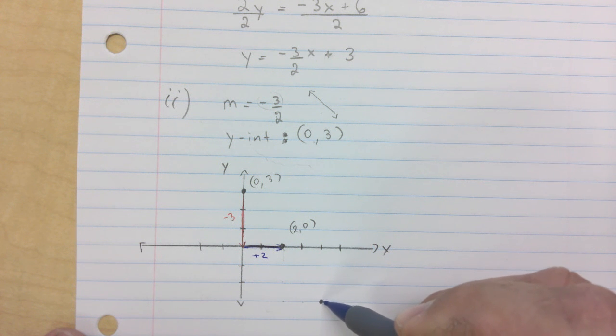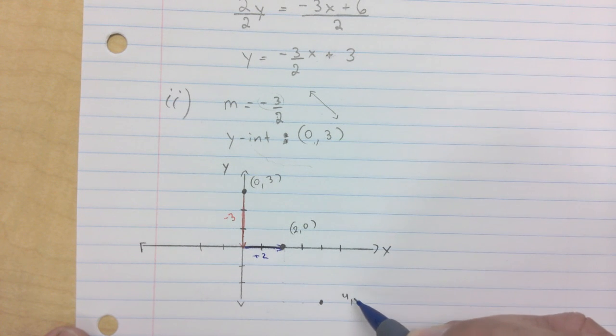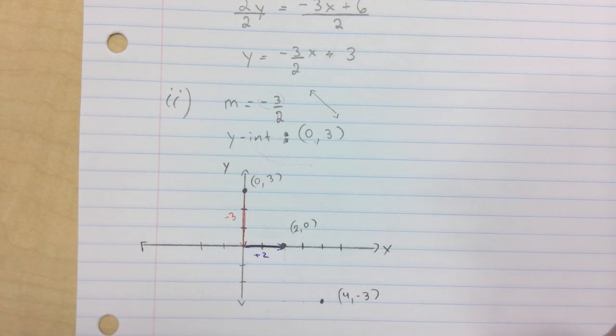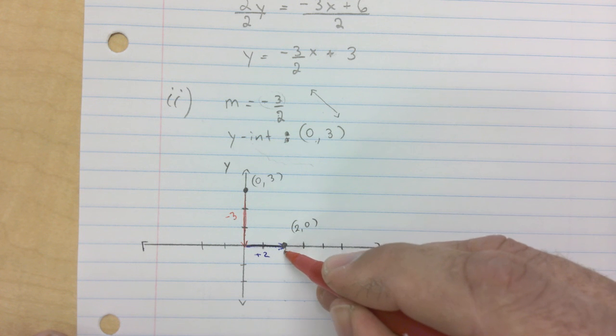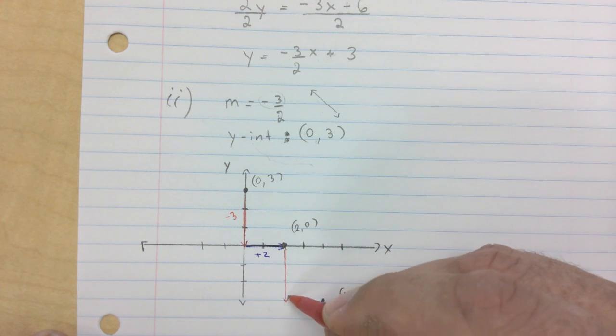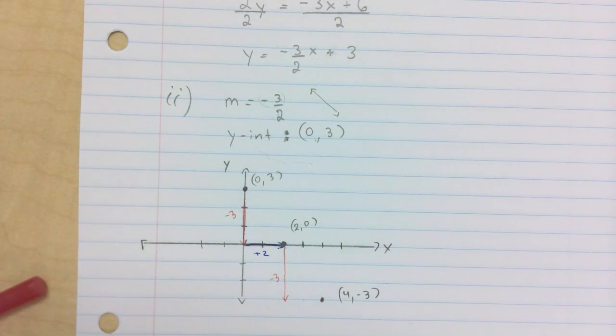So that'd be your next point, and this point would be (4, -3). If you want to use colors, you can just make a note. I wouldn't want this on a graph, to be honest, but for your notes, you can do that.